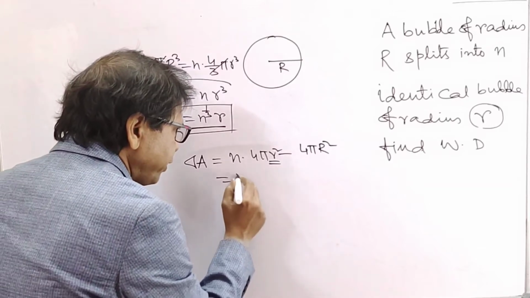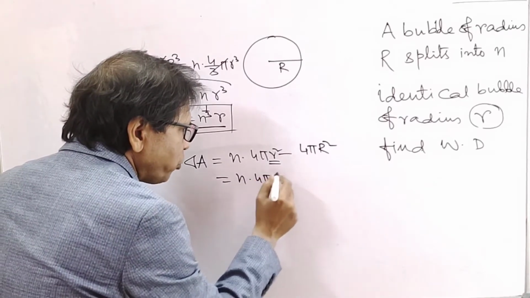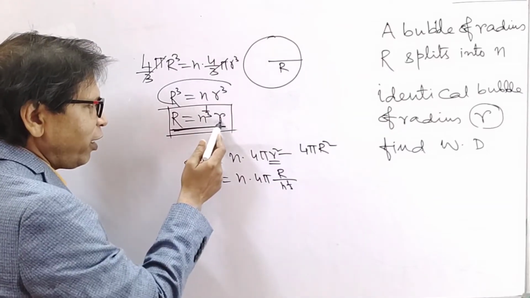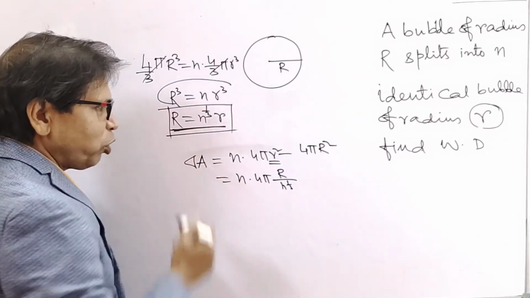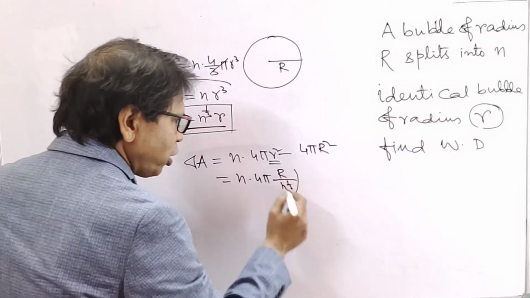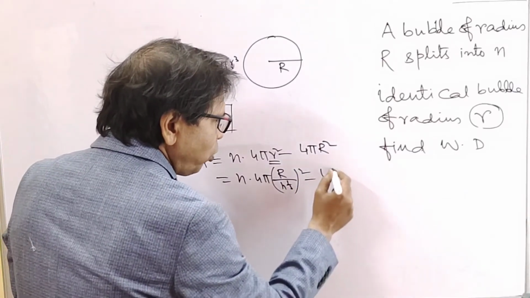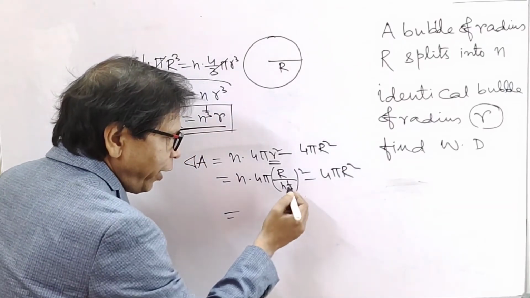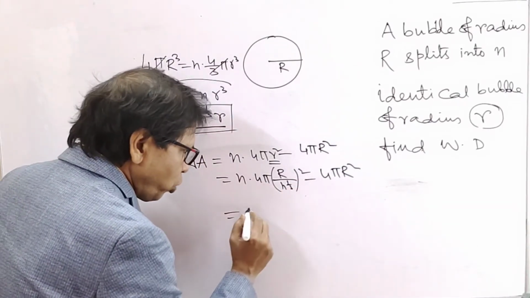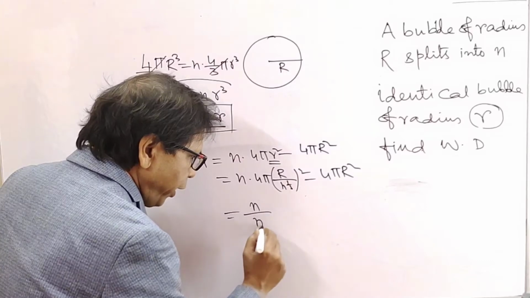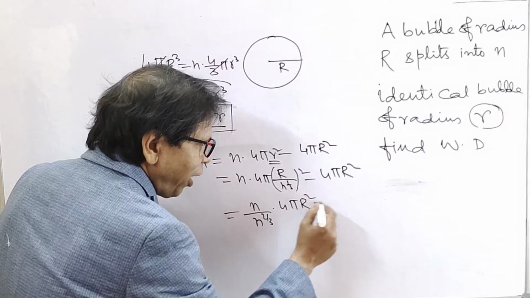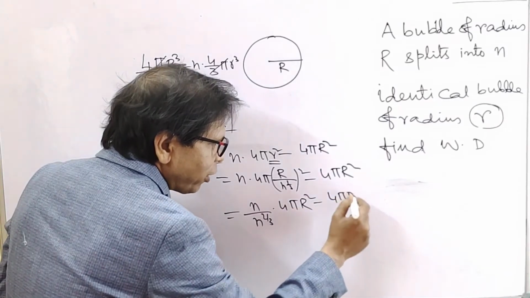So this is n into 4 pi into capital R by n to the power 1/3, small r equals capital R divided by n to the power 1/3, whole square, minus 4 pi R square. Here n to the power 1/3 square gives n to the power 2/3. So here n by n to the power 2/3 into 4 pi R square minus 4 pi R square.